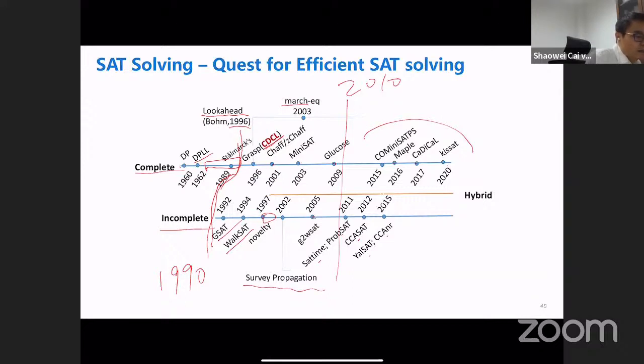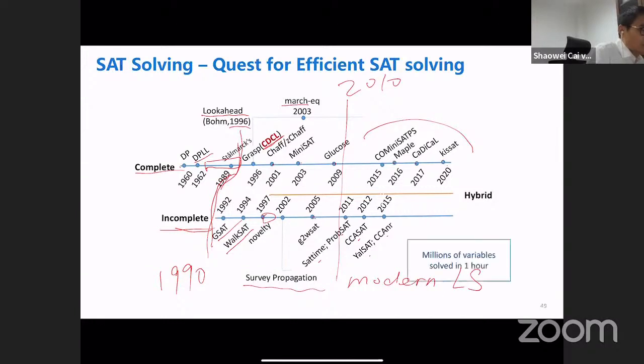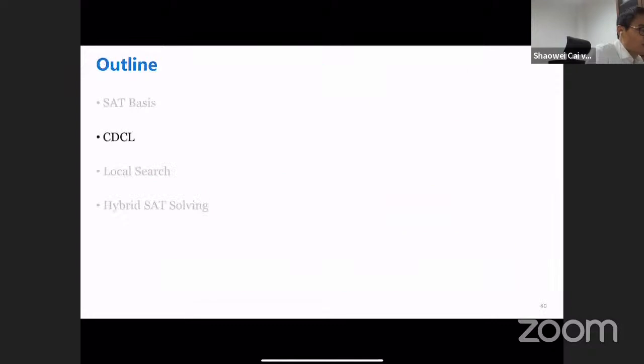And then in the incomplete line, after 2010, we have the so-called modern local search. We call it modern because this local search can perform competitively on some structured formulas. So this is my personal view of the SAT history. And the current state is that a SAT solver can regularly solve formulas with millions of variables within 1 hour.